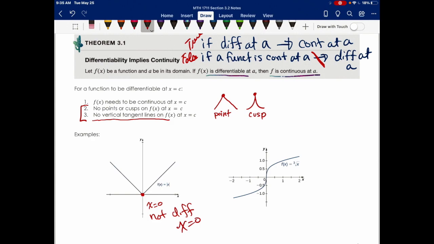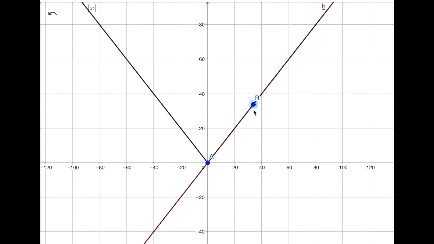And here's why. So as you can see, I have the graph of the absolute value of x here in black. And then I have the secant line in red.